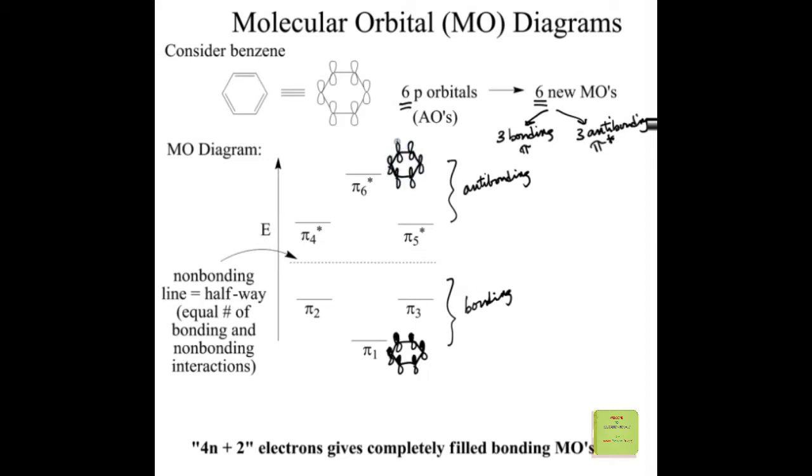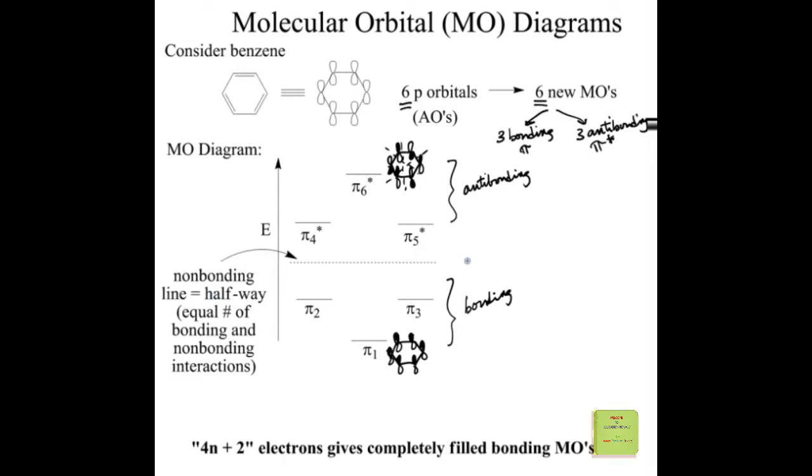What if we had alternating signs? So we shade in the top half, and then the bottom half, and then the top half, and the bottom half. If we did this, then there's not a single bonding interaction between any of them. It's completely anti-bonding, and we have a node and a node and a node. We have tons of nodes, and so that's the highest energy.